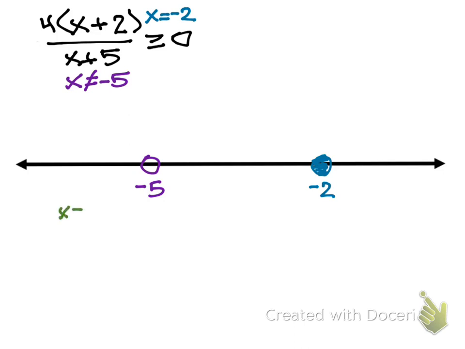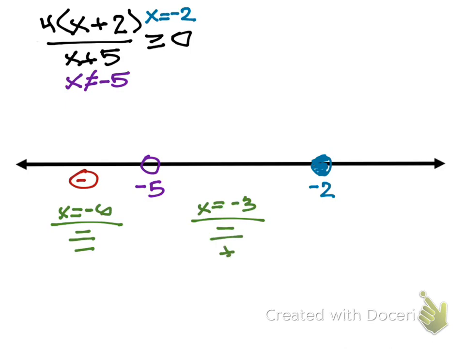Looking to the left of negative 5 at x equals negative 6, I would have a negative over negative, giving me a positive function at that interval. Between negative 5 and negative 2, maybe x equals negative 3, we would have a negative over a positive.